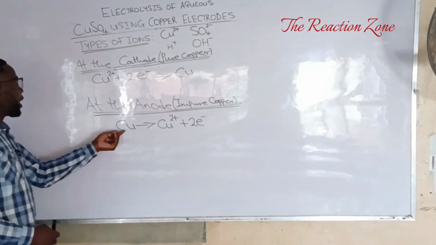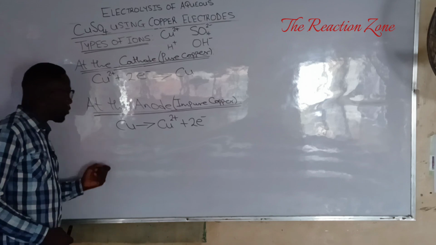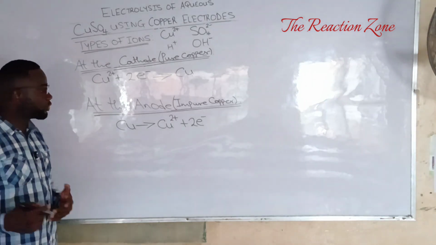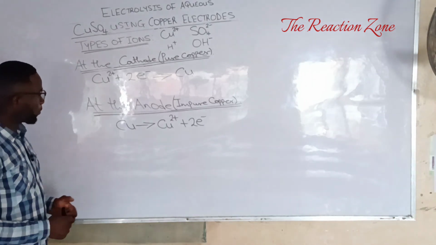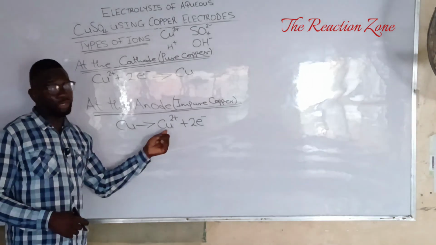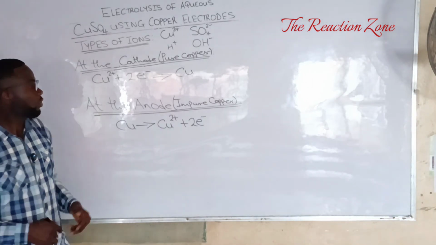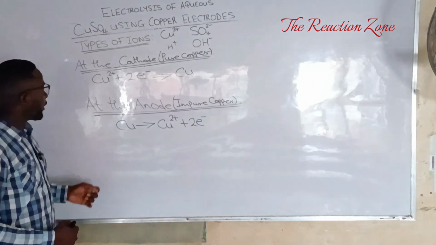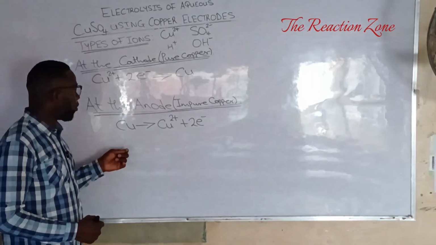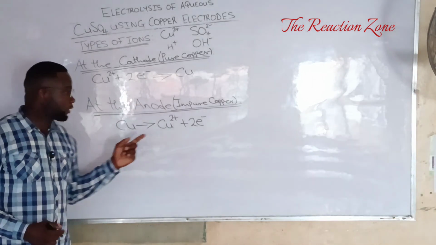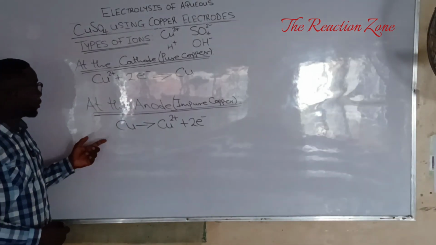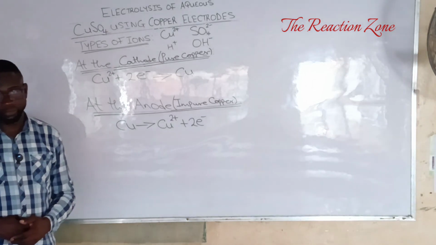So, copper atoms from the anode will ionize and go into the electrolytic solution as Cu2+. So what this means is that it is the copper atoms on the anode that will undergo oxidation.